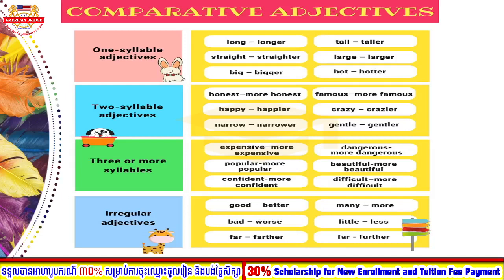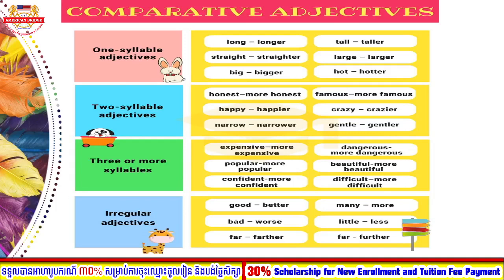You can read it and you will know that the word has only one syllable, like long. When you use it in comparative, you need to add er: longer, right?